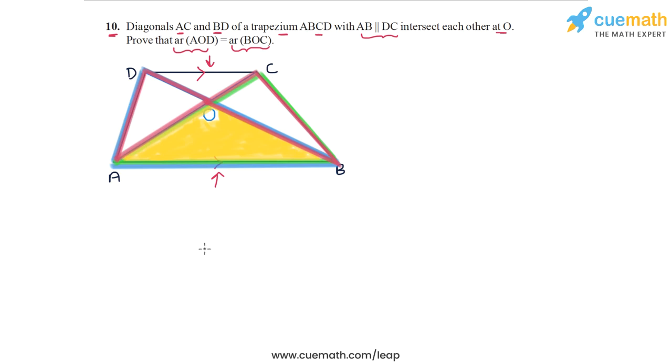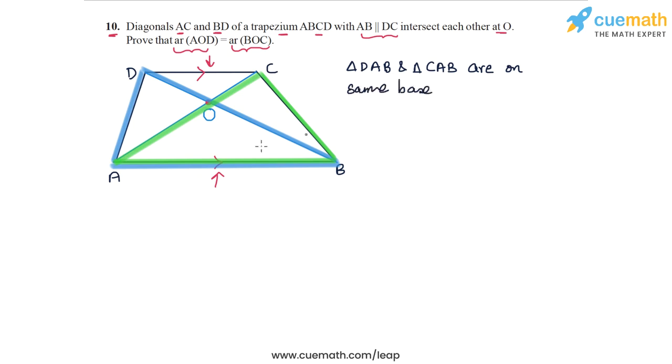Alright, let's first compare triangles DAB and CAB. Triangle DAB and triangle CAB are on the same base, which is AB.